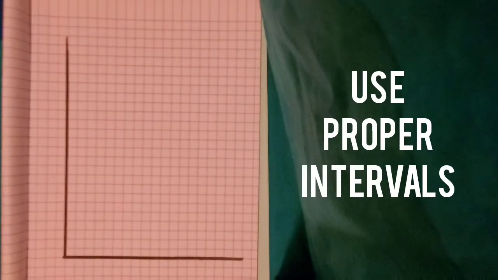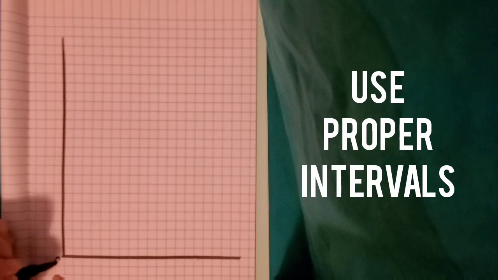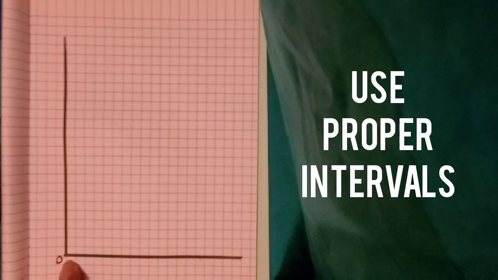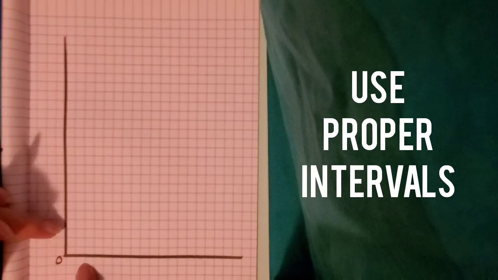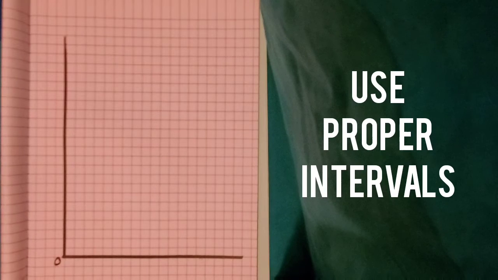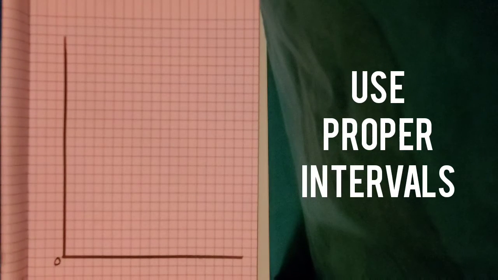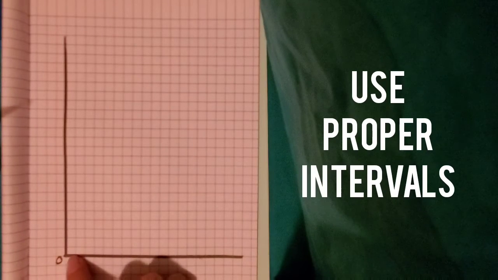And remember, the intervals or the gaps between each value should be equal. Now, we talked about this before. 0 is over here, okay? 0 is only one, not here and here, okay? So as I said, the range is 5 to 20. So I want to do by 5s, okay?